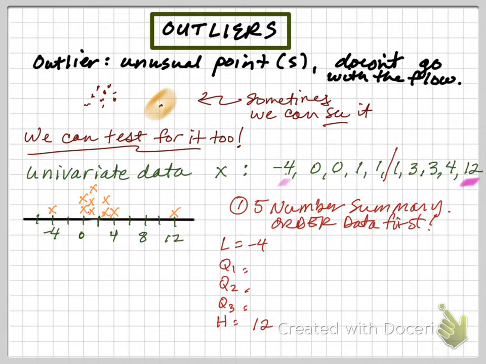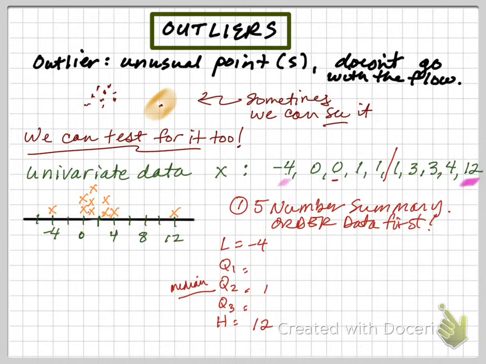So I'm going to find the median, which is actually Q2. And since the number of data here is even, I'm not actually going to fall on a value. I fall between the two ones there. I go in 6 and then I go out 6. So in between 1 and 1 is still 1. So I averaged those two values and I still get 1. And then I'm going to find the median on the left and the median on the right.